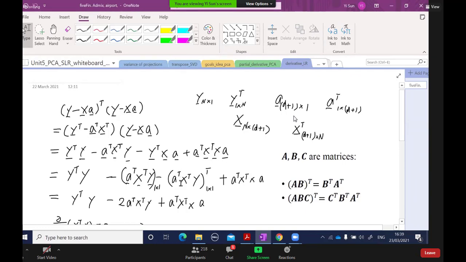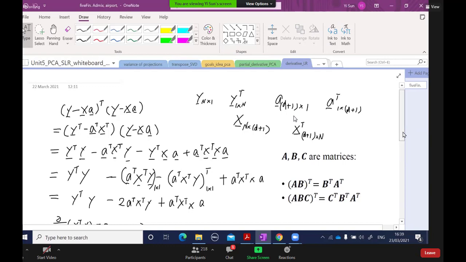And then this one transposed again gives the original one, right? So when we rewrite this part, it can be written like this. These two terms are equal, which is why in the next line we combine them together and have 2 times this term. And for the last term, we just copy it down here.